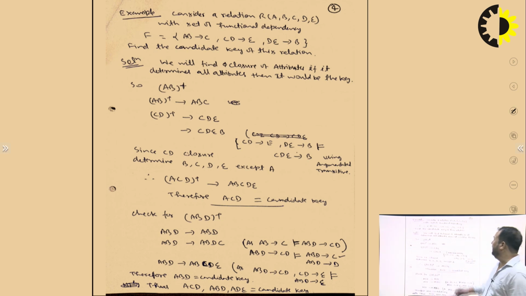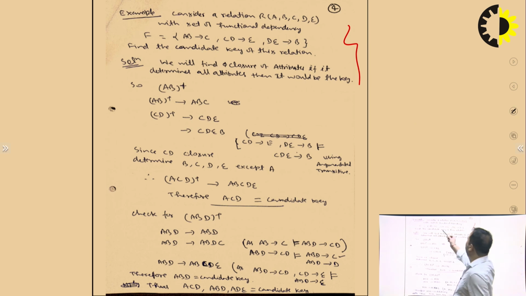For example, in this question, if you want to find the candidate key, what is the approach to solve these types of questions? Here we are given a list of attributes and some functional dependencies, and we want to find the candidate key. The basic approach is to first find the closure of attributes, and if an attribute could determine all the attributes of that relation, then that attribute becomes the key.